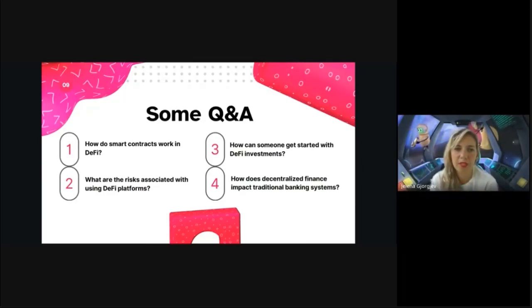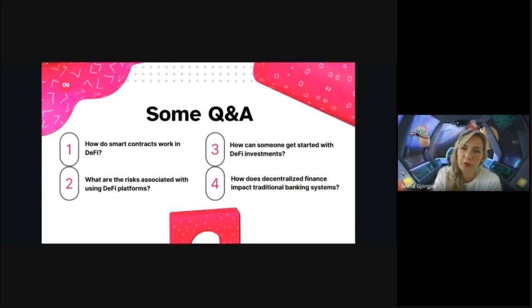disintermediation. We said in traditional banking, financial intermediaries such as banks, brokers, and payment processors facilitate transactions, loans, and other financial services, and these charge fees for their services, which can increase the cost to customers.